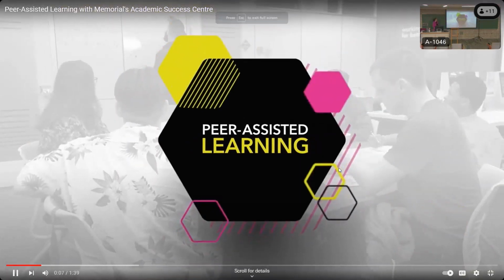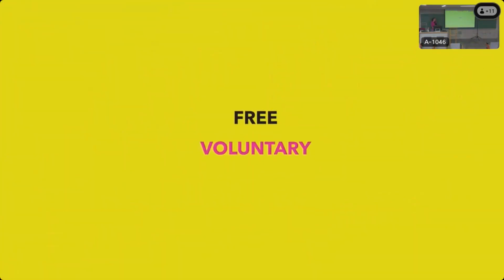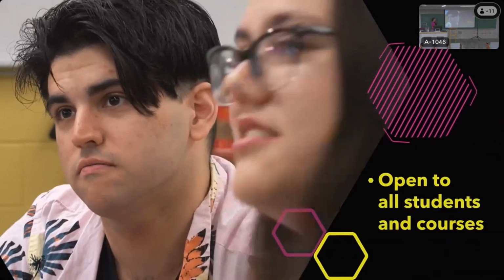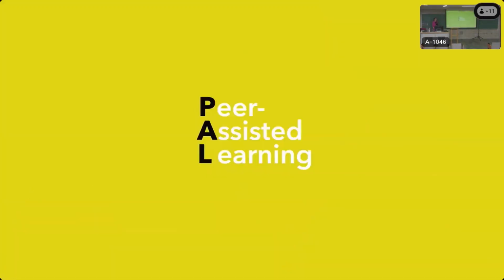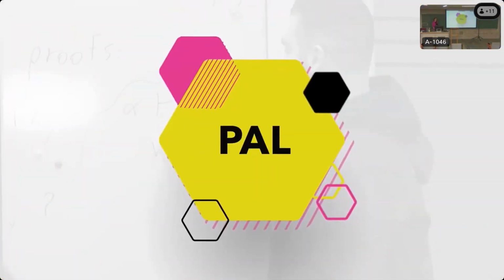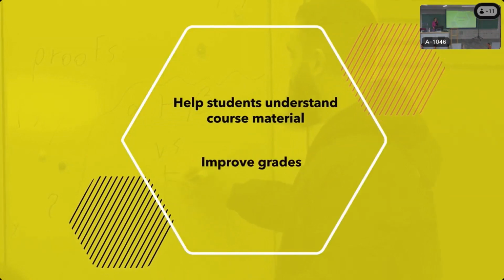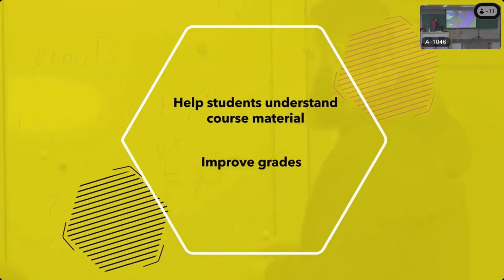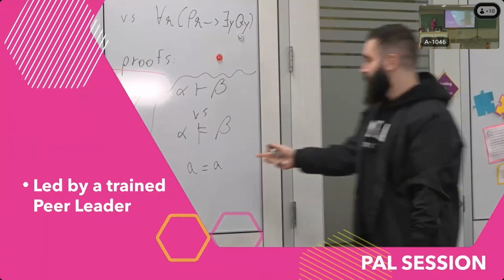Peer-assisted learning is a program that offers group study sessions to students in challenging courses. It is free, voluntary, and open to all students in courses that participate. The goal of peer-assisted learning, or PAL, is to help students understand their course material and improve their grades. In a PAL session, students participate in activities and games designed around difficult course concepts and led by a trained peer leader.